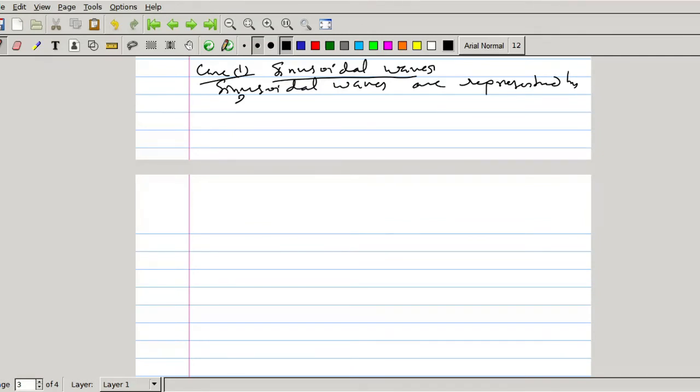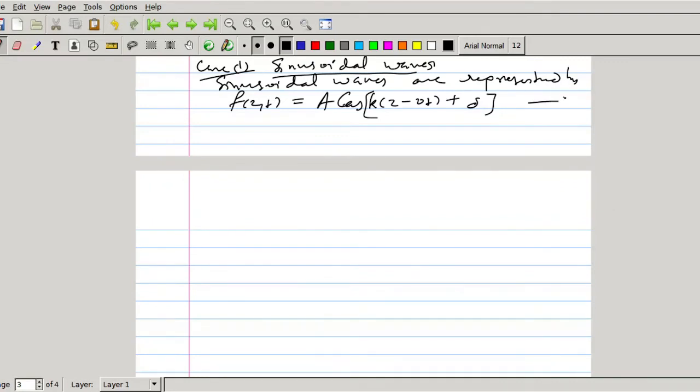So we can represent a sinusoidal wave as f(z,t) equal to A cosine of k(z minus vt) plus delta. This is equation number 7. Or in a similar way, you can represent the wave as A sine of k into (z minus vt) plus delta, which represents the wave propagating along the positive z direction. If it is propagating along the negative z direction, then it will be k into (z plus vt).